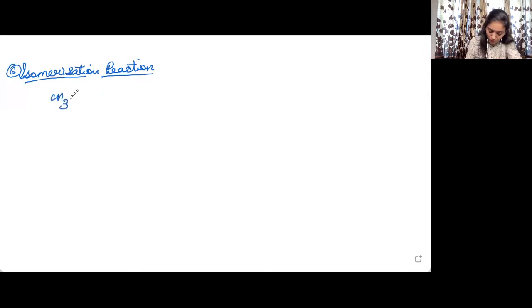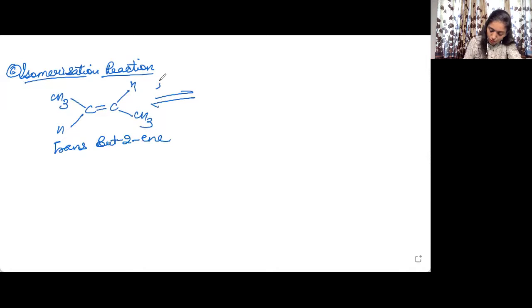So for example, here we have trans-but-2-ene. When it is exposed to light and absorbs energy, it gets converted into cis-but-2-ene.